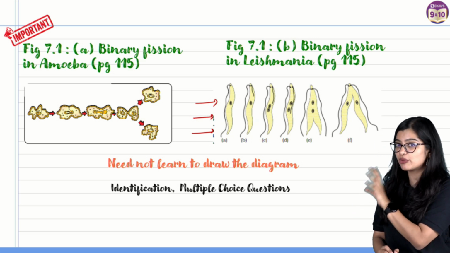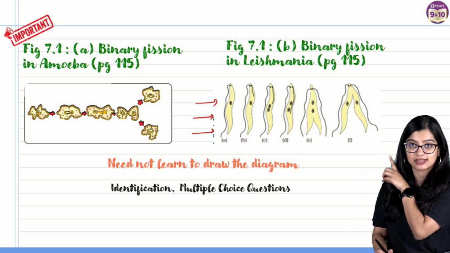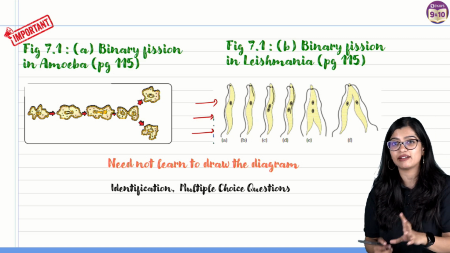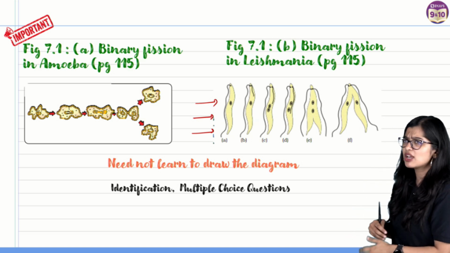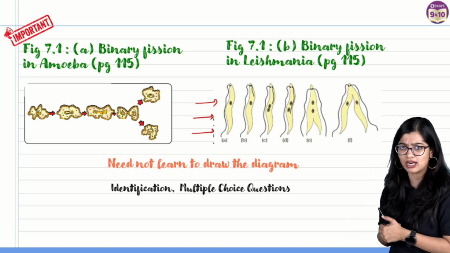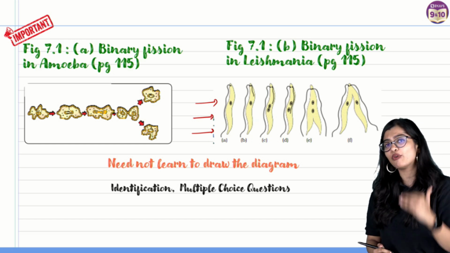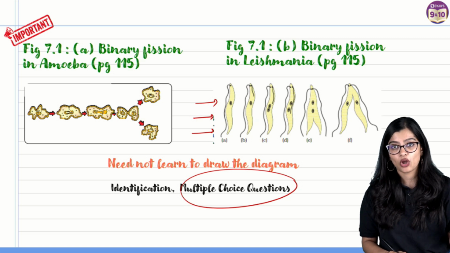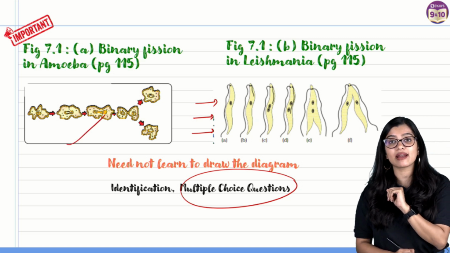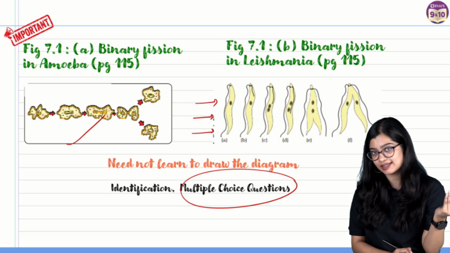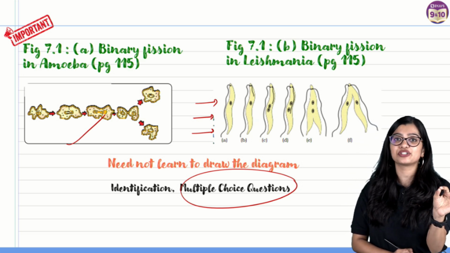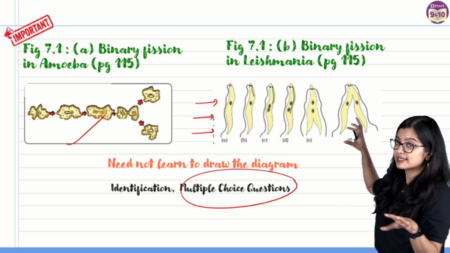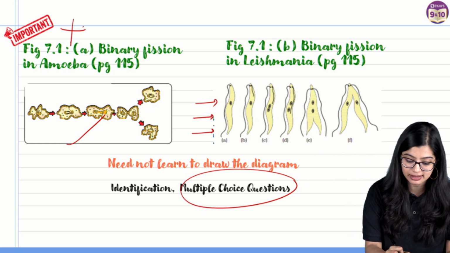If you look at some of the sets, this particular diagram has come where you have to identify where nuclear division is taking place, or where splitting of cells has started to happen. So they will give you this and 4 options and you will have to identify. So MCQ based questions have come. Or else they will give you this diagram and ask you what is the process that is happening. So identification for these particular topics is important, so please star mark the same.